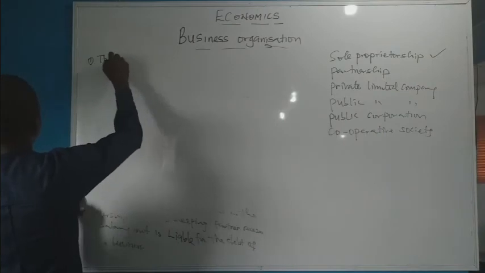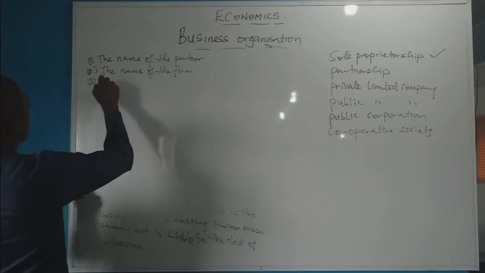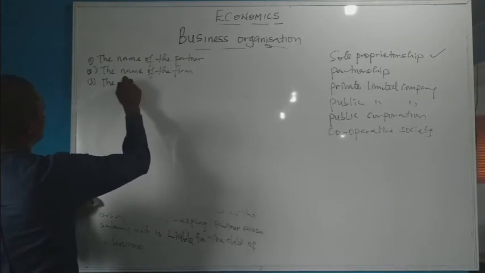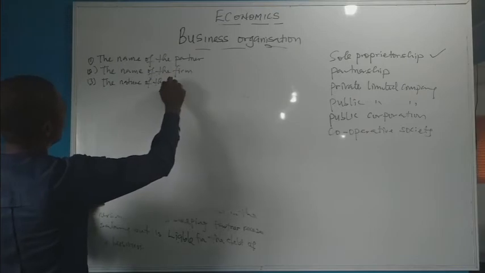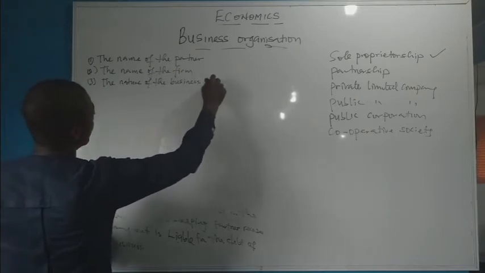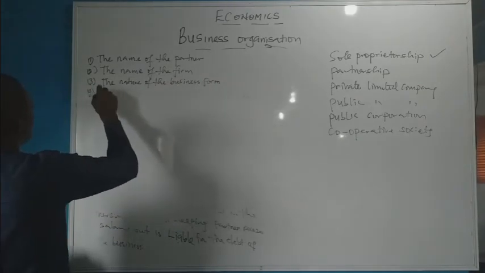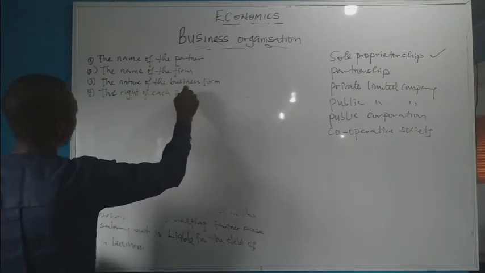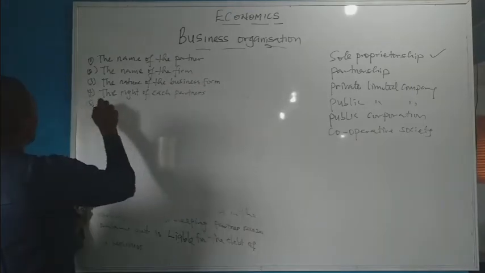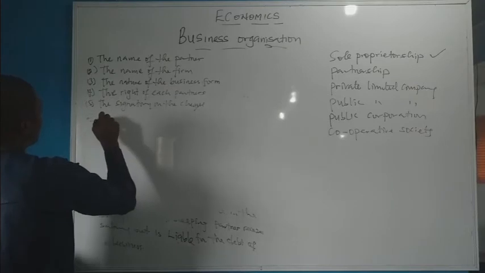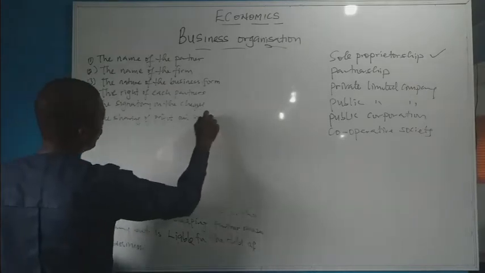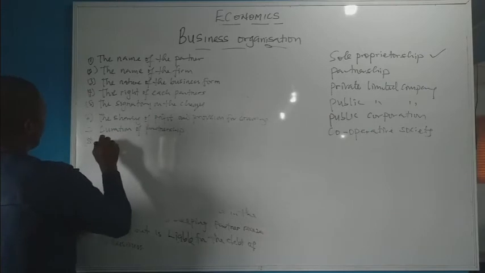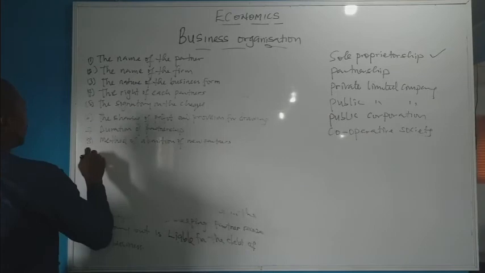But that is the rules and regulations of a partnership business, and it comprises the following. Number 1, the name of the partners. 2, the name of the firm, the name of the business firm. 3, the nature of the business firm. 4, the rights of each partner. 5, the signature on the check. 6, the sharing of profits and provision for drawing. 7, duration of partnership. 8, method of admission of new partners. 9, objective of the firm.